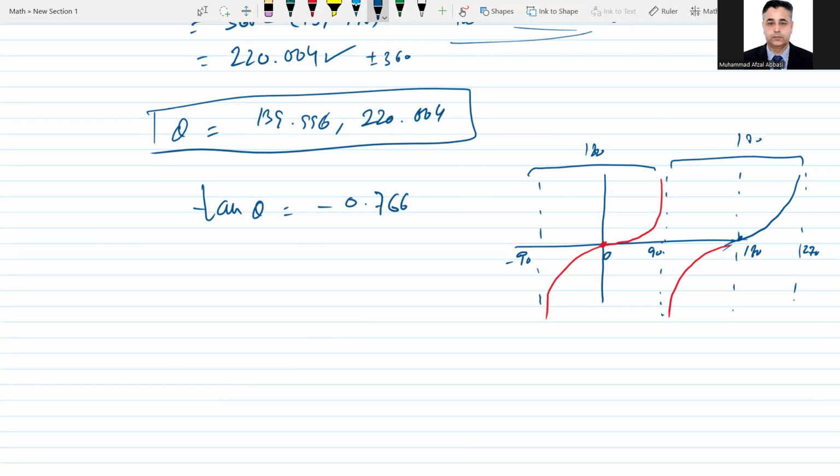So if I take minus 0.766, it will be somewhere here. If I take just one cycle, like this first one, I can draw a line. It only meets the graph at one point. So only one answer is expected in one cycle, one period. That will be directly calculated from the calculator.